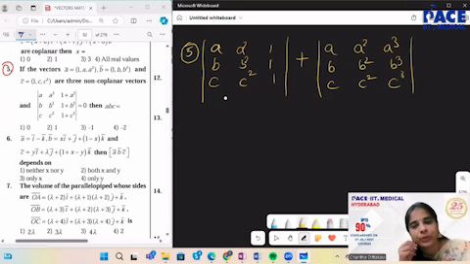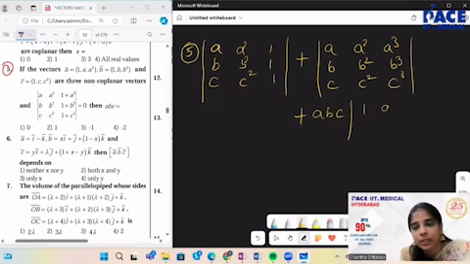Is that clear? Right. Now, can I just take something common? So when I remove A, B, C common, what do I get? If I remove A, B, C from the first row, second row, third row, I'll be getting 1, A, A square, 1, B, B square, 1, C, C square. Right?